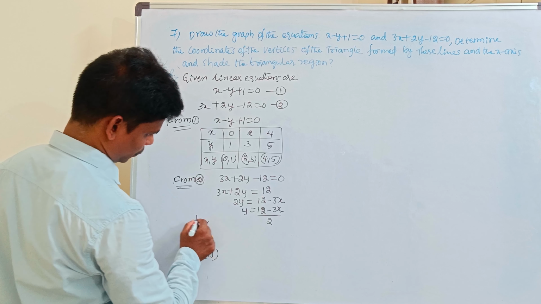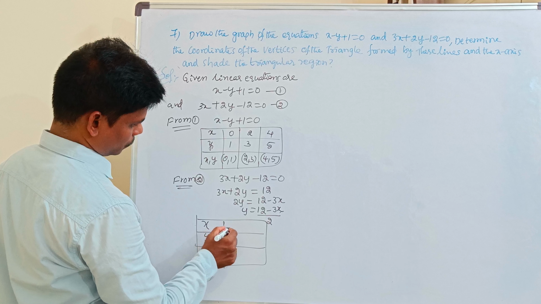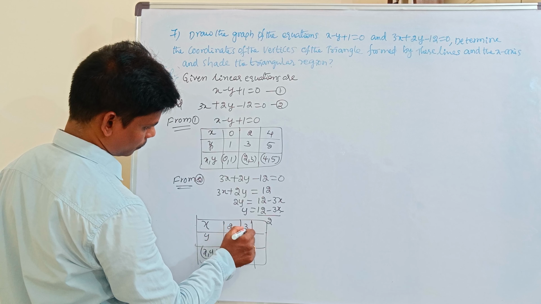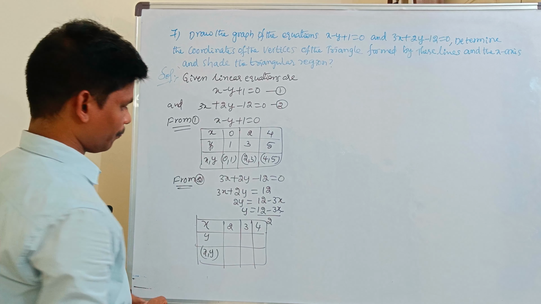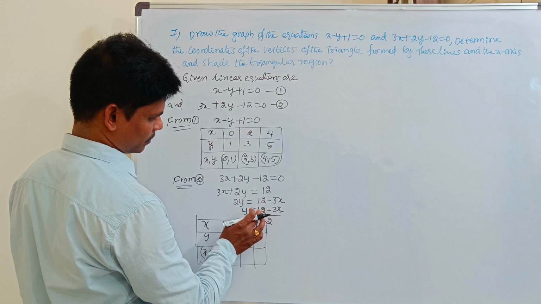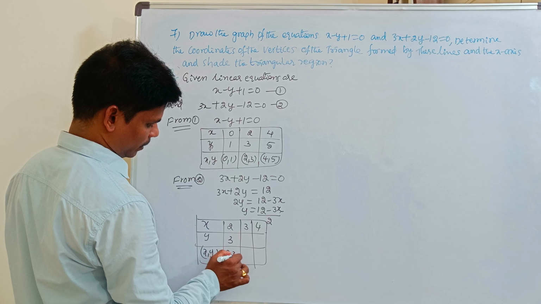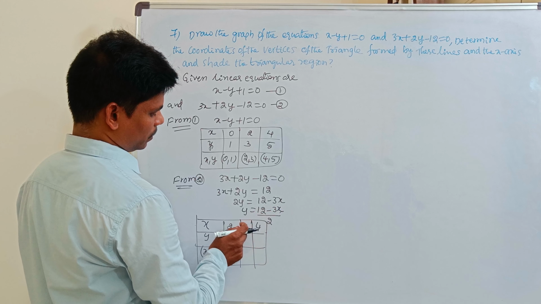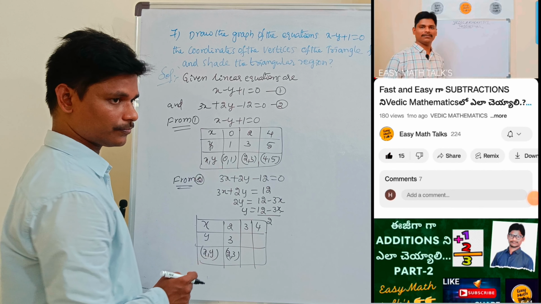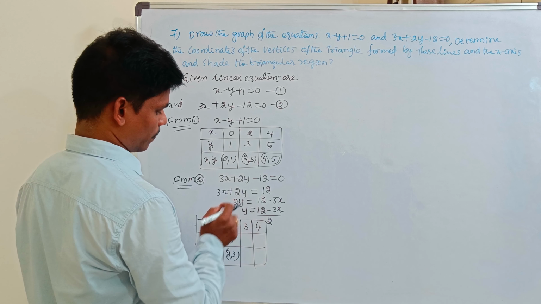Suppose x value 2: 3 times 2 is 6, 12 minus 6 is 6, 6 by 2 is 3. So 2 comma 3 is a solution. Next 3: 3 times 3 is 9.